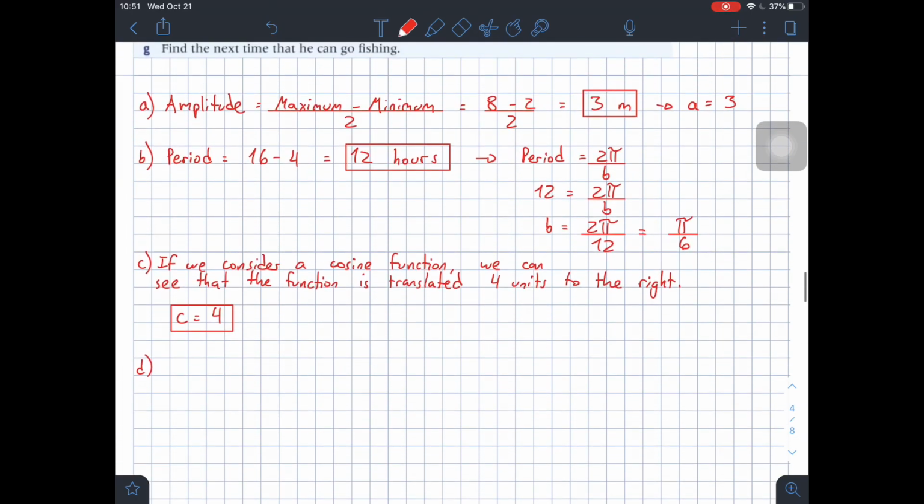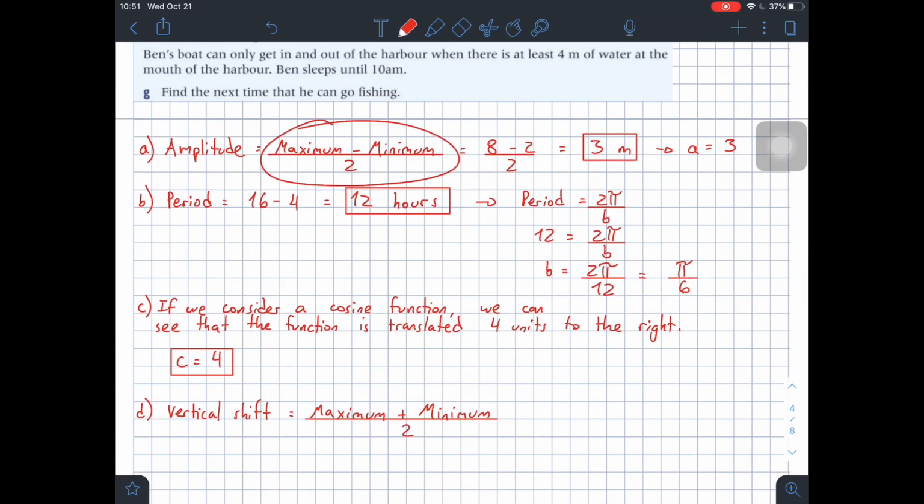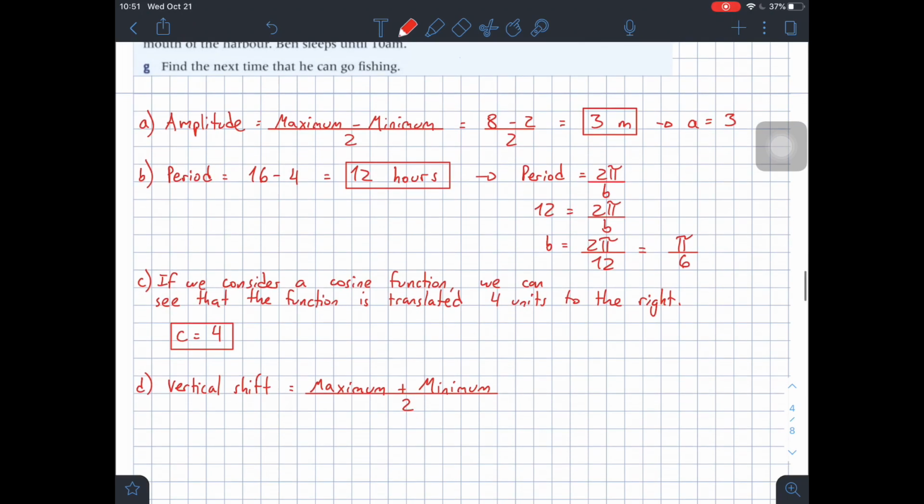So we're going to write this as vertical shift is equal to the maximum value plus the minimum value divided by 2. So you see it's kind of the same calculation as amplitude, but instead of subtracting, we're adding the values.